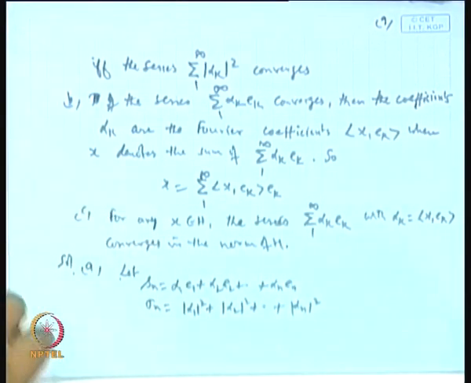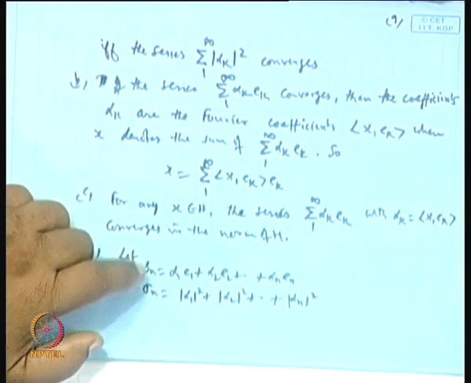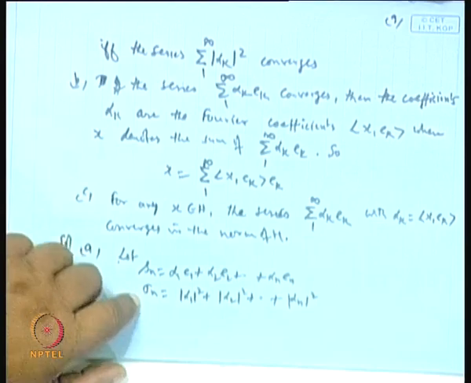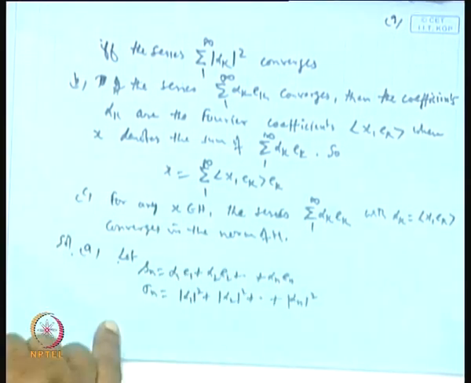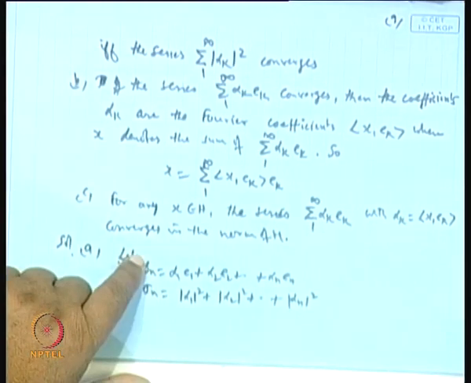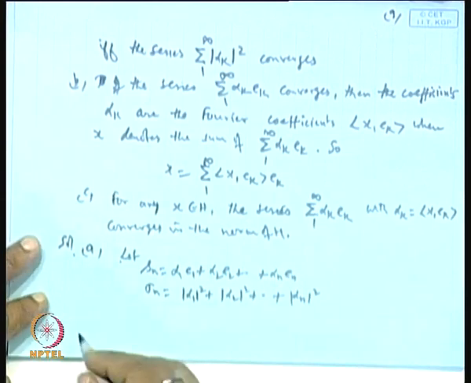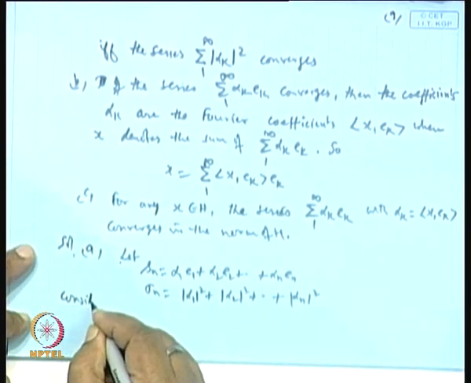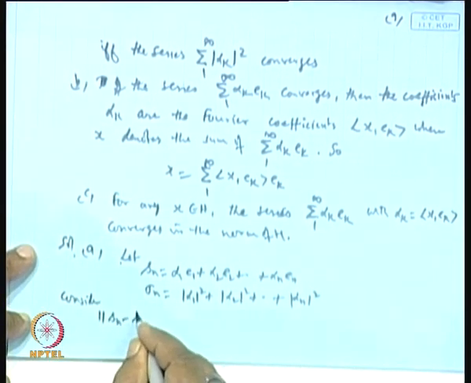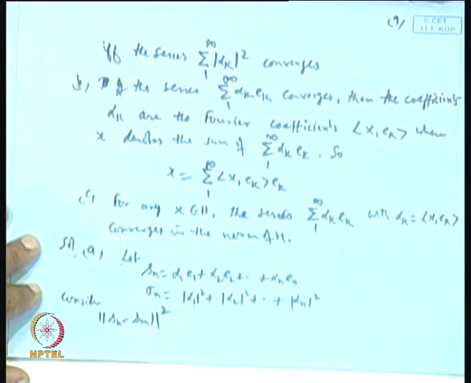So, we will find out the relation between S_n and sigma_n. S_n is Cauchy if and only if sigma_n is Cauchy, and sigma_n is a sequence of scalars, and every Cauchy sequence of scalars is convergent. So, S_n will converge. Okay. So, let us consider the norm of S_n minus S_m, squared. You follow me? What is this?